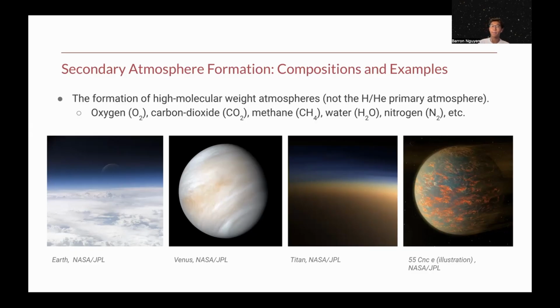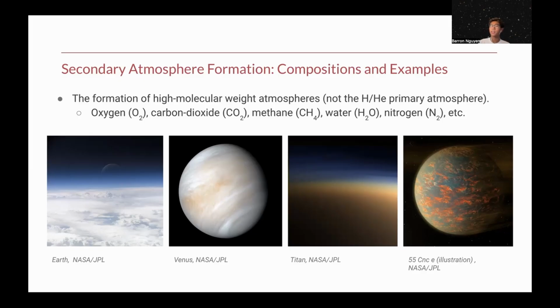So for Earth, this is a NASA JPL photo. We do know that most of our atmosphere is composed of nitrogen and oxygen, and that blue glow right there hints at oxygen. Just a really cool cloud layer, that's also water vapor. Then we have Venus. That is actually the real visible image.